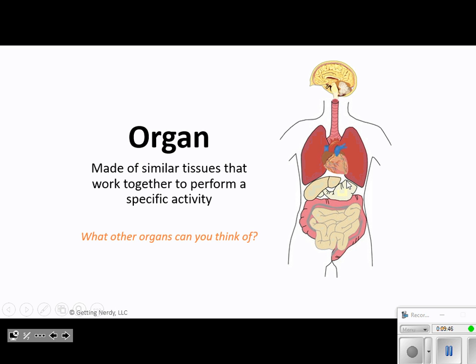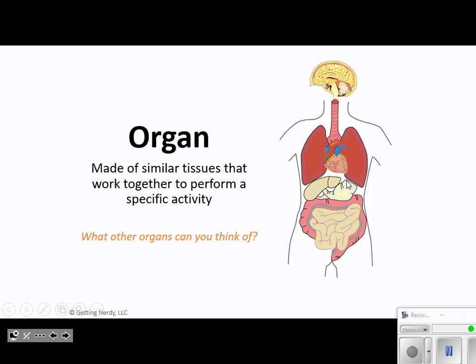Now, what happens when we have some organs that are all working together at a common goal? Well, you could have organs working together and not be in perfect health. I would say my organs are working pretty good together, and I don't think I'm the healthiest guy in the world.